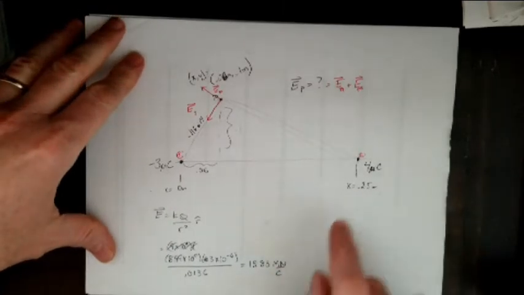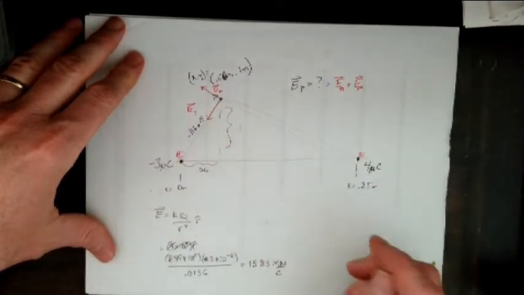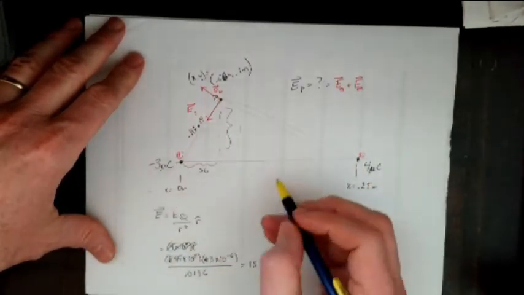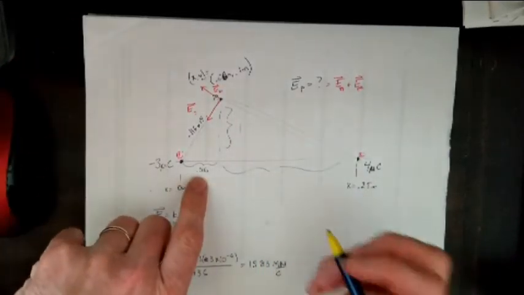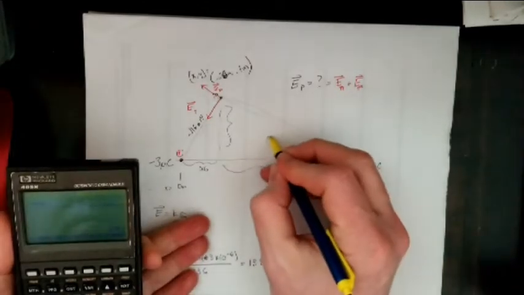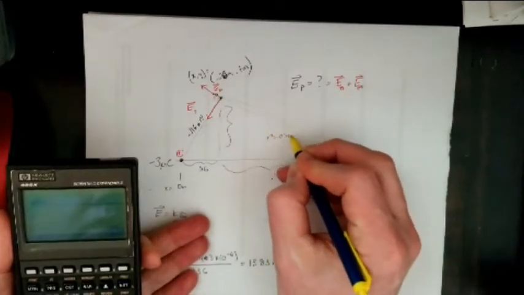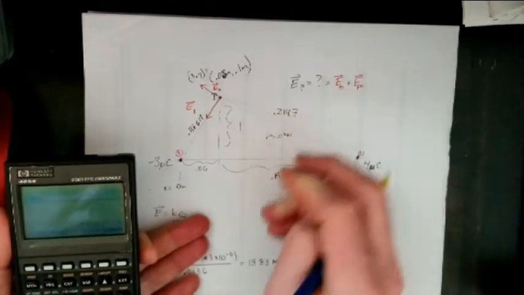And then from here, the magnitude is going to be, well, it's much farther away. So this distance right here is 0.25 minus 0.06, or 0.19 meters. R squared is 0.0461, but the actual distance is 0.2147. It's farther away.